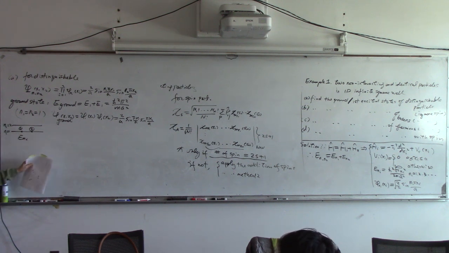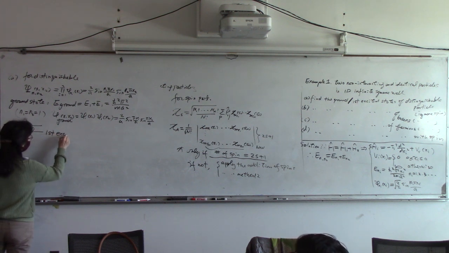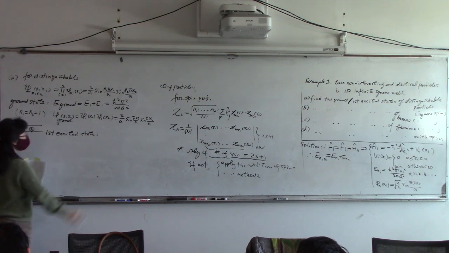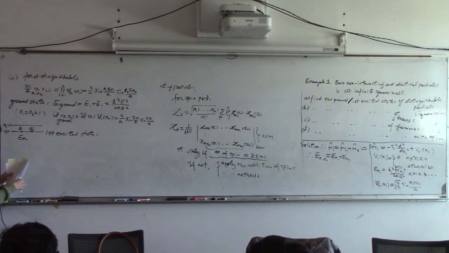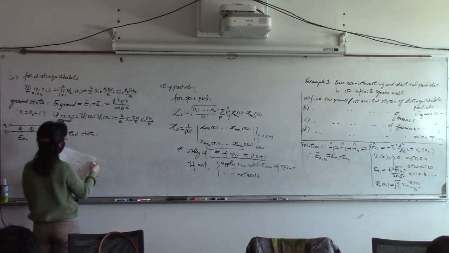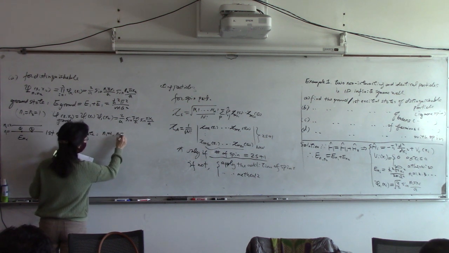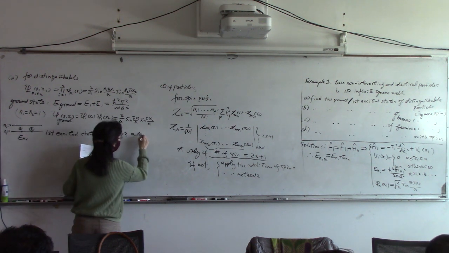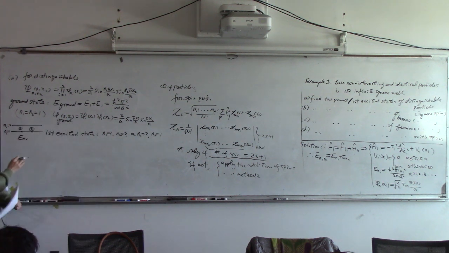Any question? Not now. First excited state. In the first excited states, one of them should go to the second level, right? So that is to go to the higher one. That means n1 equal to 1, n2 equal to 2, or, since it's distinguishable, n1 equal to 2, n2 equal to 1. There are two cases.